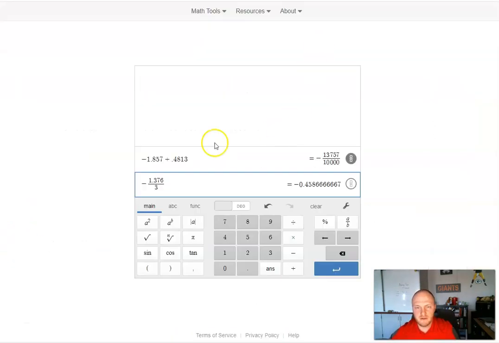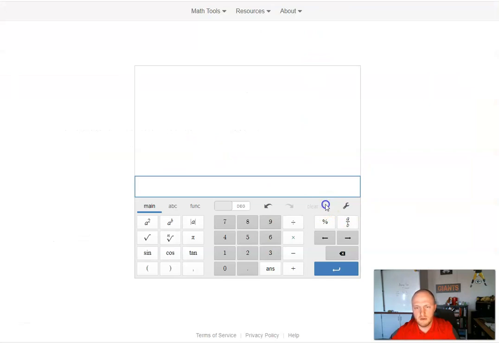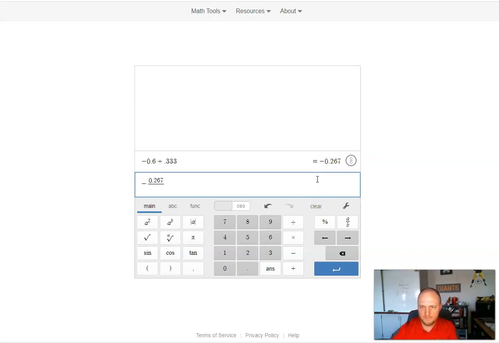We can go ahead and add this, and we get, well, let me go to my calculator. So clear. We have -0.6, and I'm adding 0.333. So we get -0.267, and we want to go ahead and divide that value by 2.